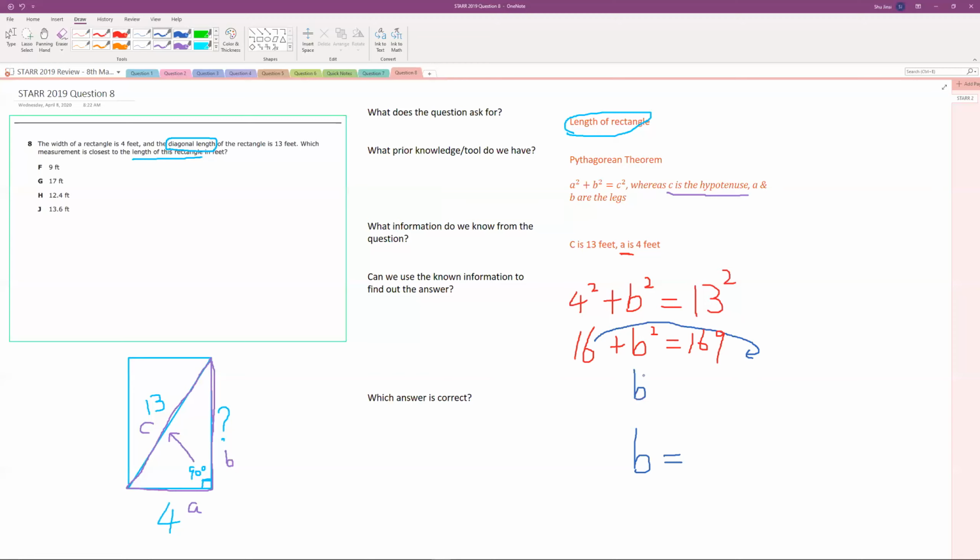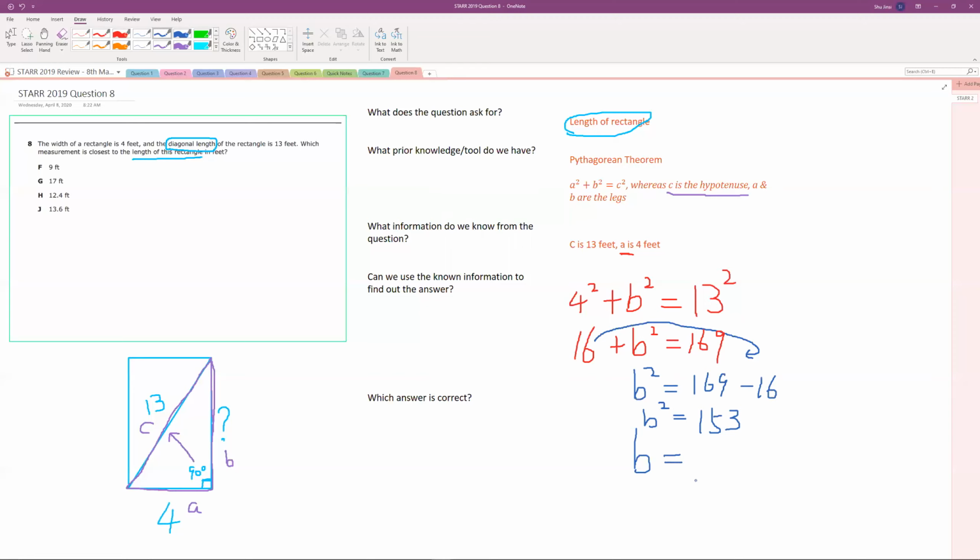So we will have b squared equals 169 minus 16. The 16 is now a negative, so it's minus 16. So b squared equals 153.